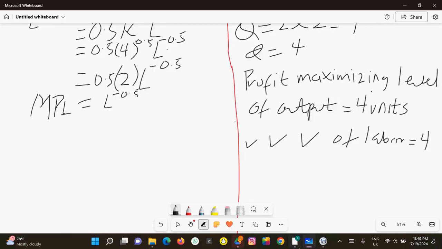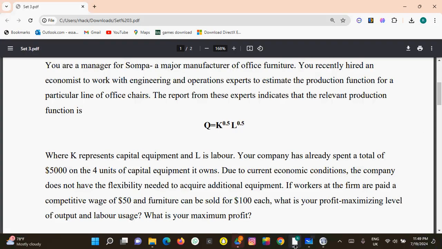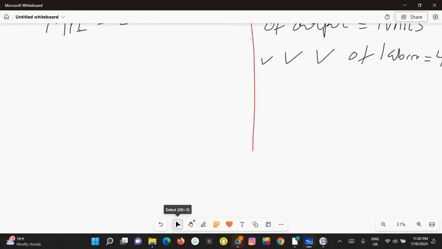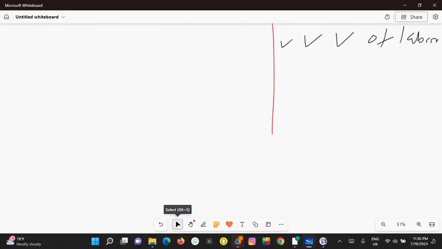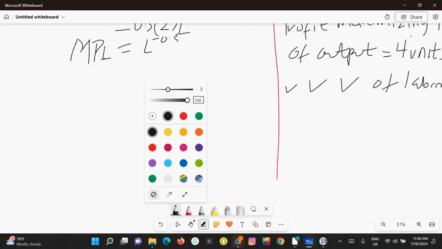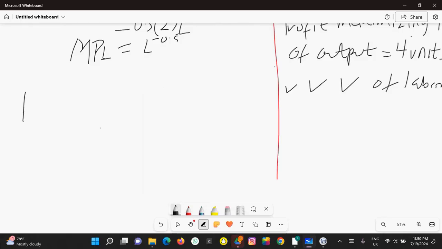Right, so now the other part of the question is, what is your maximum profit, right? So remember that to get profit, it's always equal to total revenue minus total cost, right?